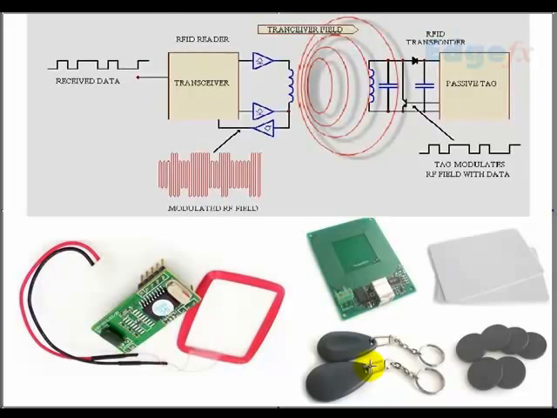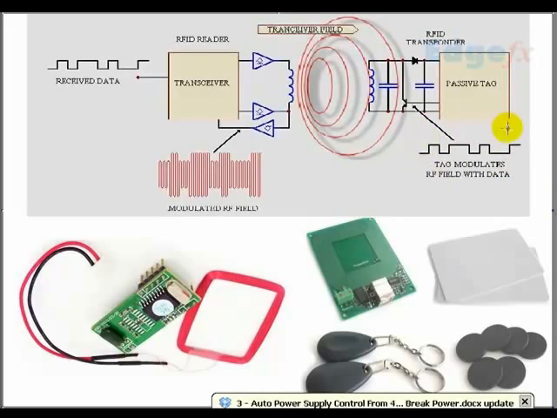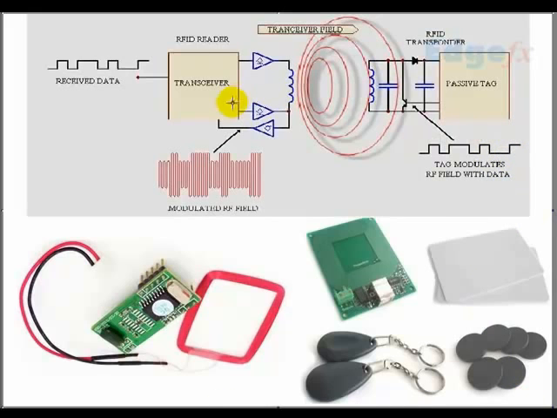While this tag or this card is brought close to it, since it contains the same kind of coil inside and a certain circuit, it draws the power from this. And once it gets the power, the circuit inside becomes active, and whatever data is there, the data is very small, it could be a few bytes, and that data is transmitted to the reader and is received here.